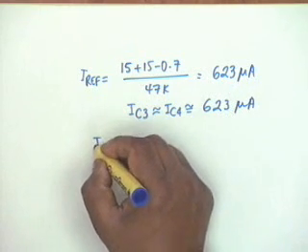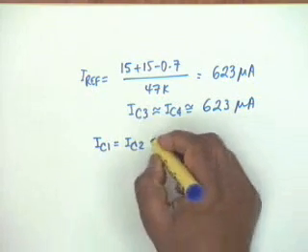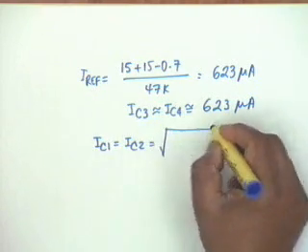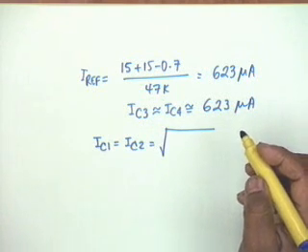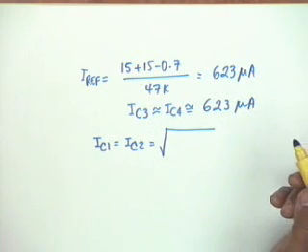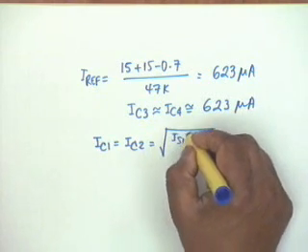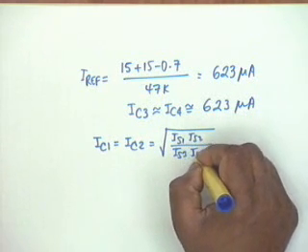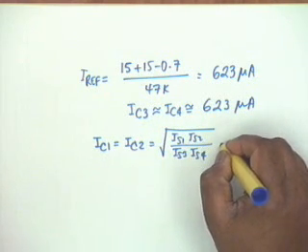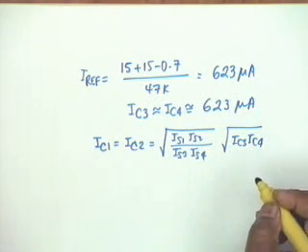Our point is to calculate IC1 and IC2, and that is the square root of IS1, IS2 divided by IS3, IS4, multiplied by the square root of IC3, IC4.